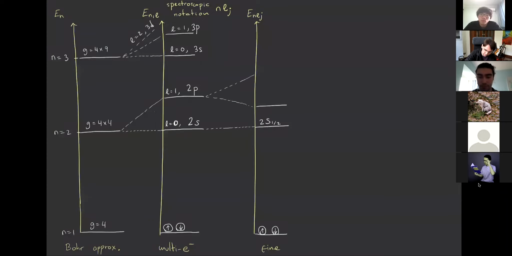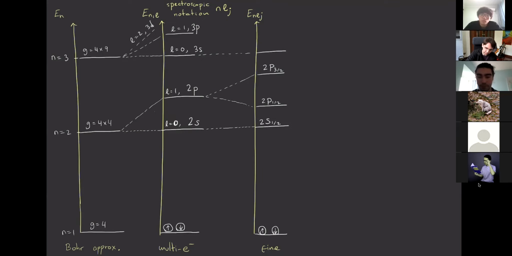So we will have the 2p level with a total electronic angular momentum 1 minus 1/2, which is 1/2, or 1 plus 1/2, which is 3/2. Okay?